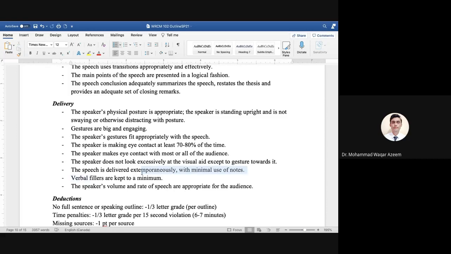Verbal fillers should be kept to a minimum. Verbal fillers are those expressions which are actually meaningless, but we use them to fill the pause in our speech. For example, when we use an expression like the expression that we very often use in our conversation, in fact, is a verbal filler, because in fact that is not what we exactly mean, right?